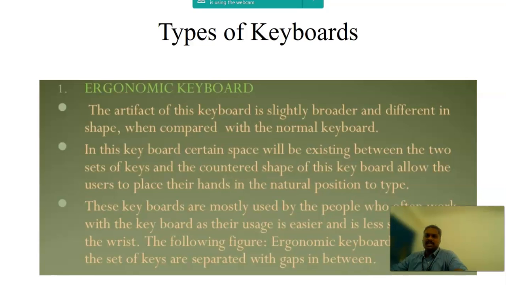The rest of the keyboards don't have that facility, so it is very difficult to type certain information, because this spaciousness does not exist in those keyboards. These keyboards are mostly used by people who often work with the keyboard, as their usage is easier and less stressful for the wrist. That is also very important.